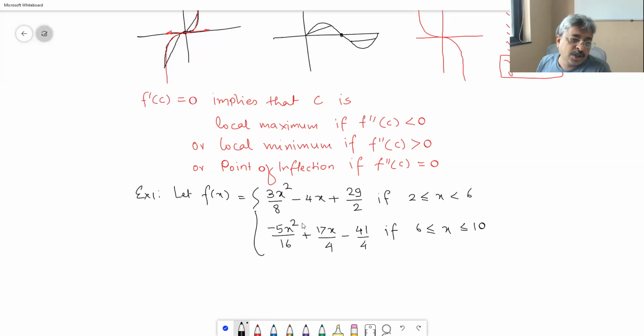Okay, this is the definition of the function. Now find out everything about this function.